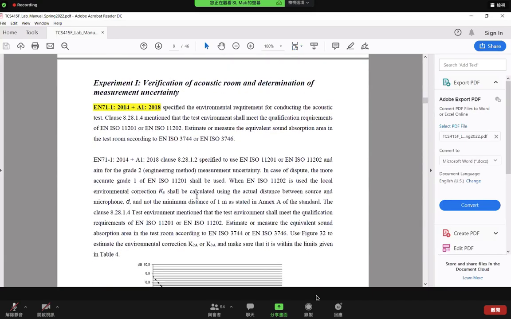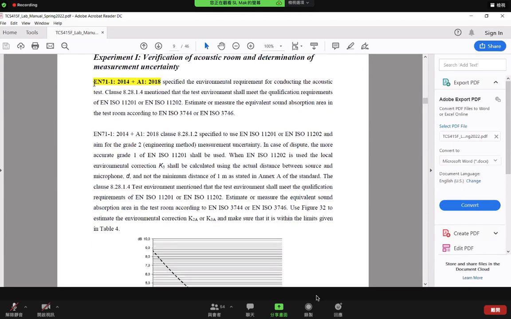Okay, the first one, experiment 1. You are required to verify an acoustic room in our physical mechanical laboratory. According to the European standard EN 71, all acoustic measurements should be carried out in an approved acoustic environment. What is the requirement?